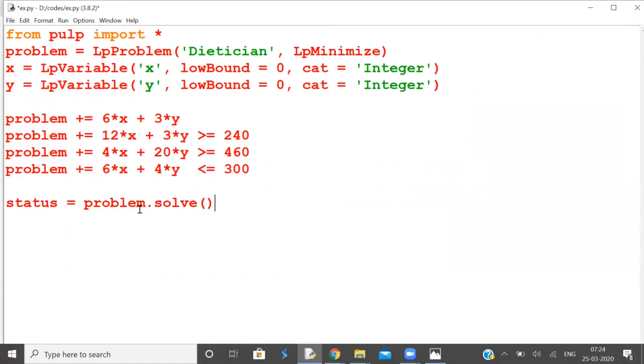So it calls the simplex routine to solve the problem. Next, the solution may or may not be optimal. If the LP status is optimal, then print the solution.